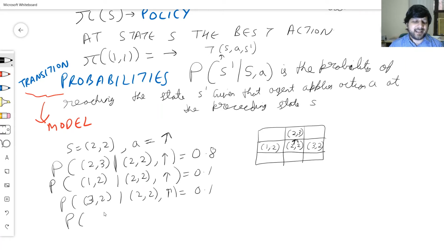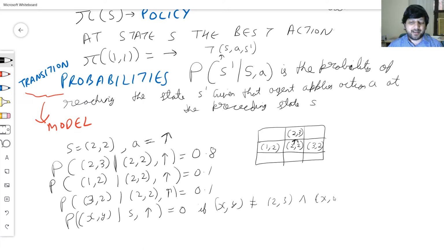The probability that I go to any x, y, if x, y is not equal to 2-3 and not equal to 1-2 and not equal to 3-2, is zero. So the summation of all probabilities is of course 0.8 plus 0.1 plus 0.1, which is 1.